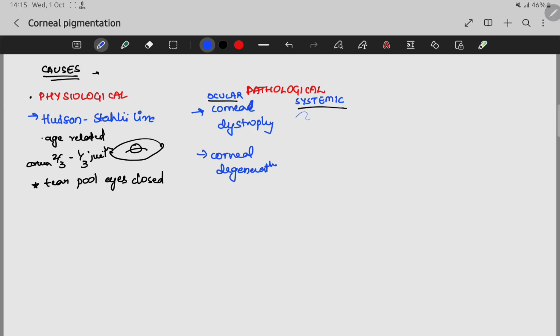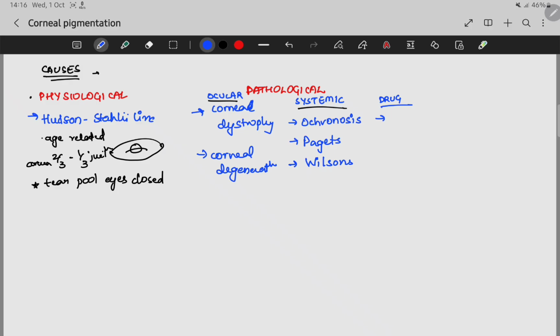Systemic causes we have Ochronosis. So do comment in the box what is deposited in Ochronosis. And Paget's disease, in which there is calcium deposition, and in Wilson's disease there is copper deposition. So these are some of the systemic causes of corneal pigmentation.